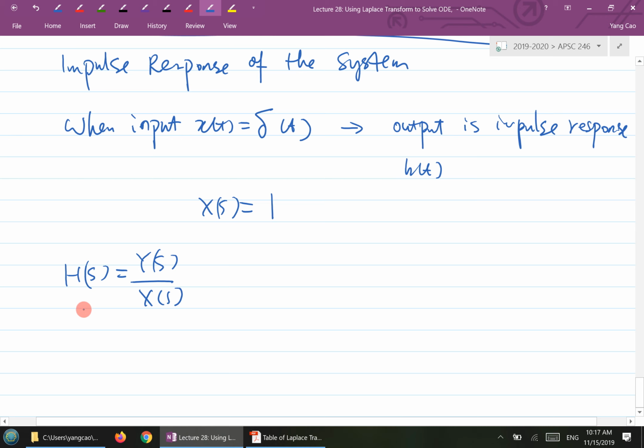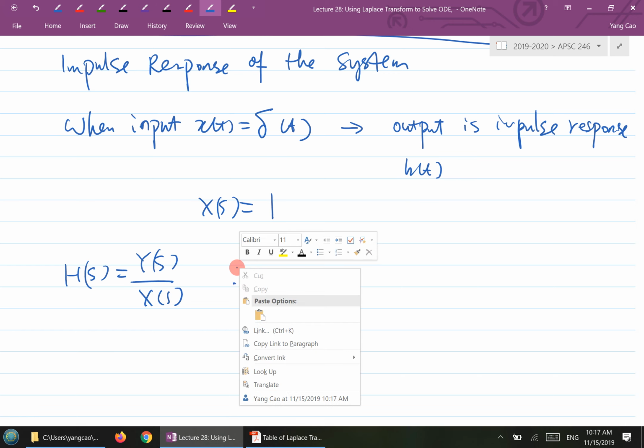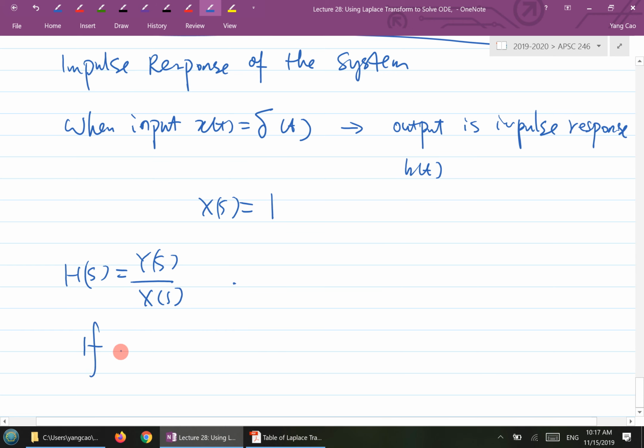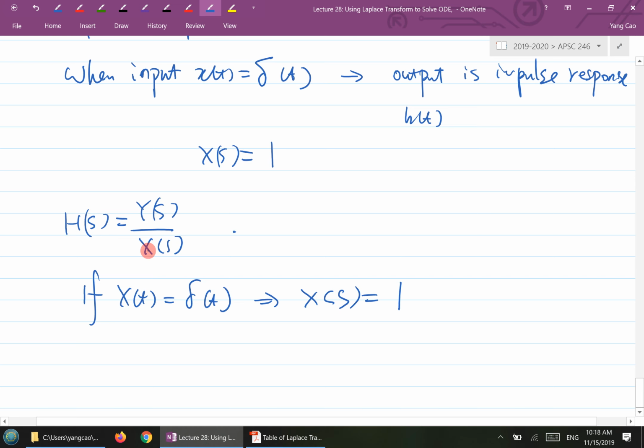So if x of t equals delta t, now this x of s could be anything, it could be any input here. But now I will let x of t be delta t. Then your x of s equals 1. And if x of s equals 1, what is your y of s now?